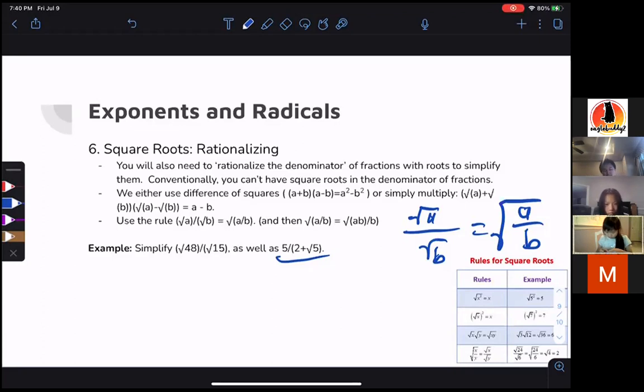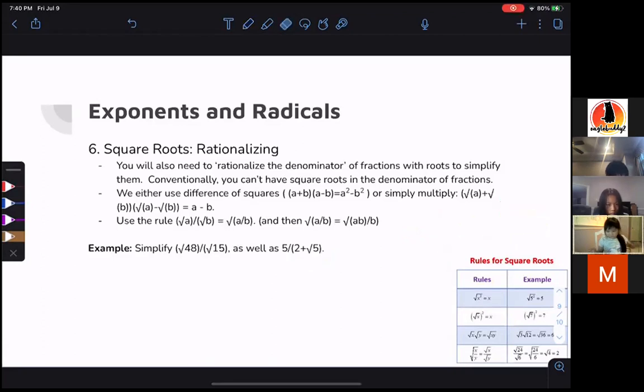Like, so timing by square root 15 on both the numerator and denominator.